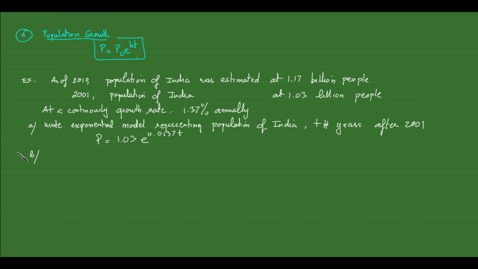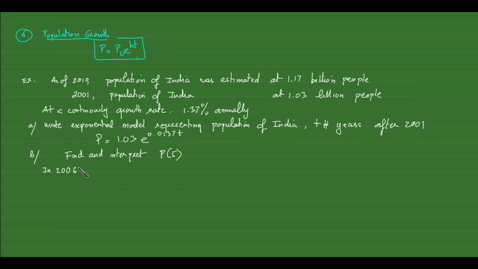Part B is find and interpret P of 5. That's easy. So P of 5 means after 5 years, which is 2006. So P of 5 means the population in 2006.